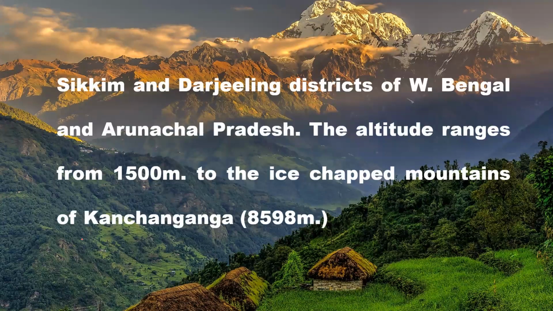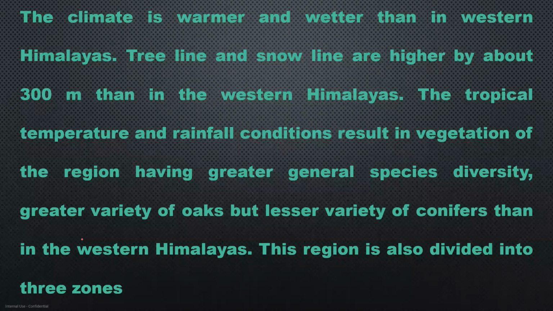Sikkim and Darjeeling districts of West Bengal and Arunachal Pradesh. The altitude ranges from 1,500 meters to the snow-capped mountains of Kanchenjunga. The climate is warmer and wetter than in Western Himalayas. Obviously, this region receives little more rainfall.